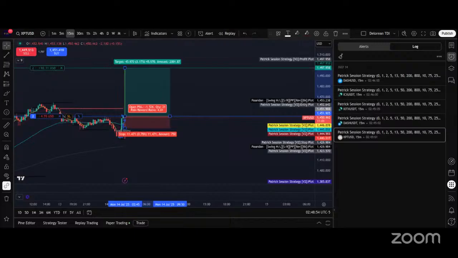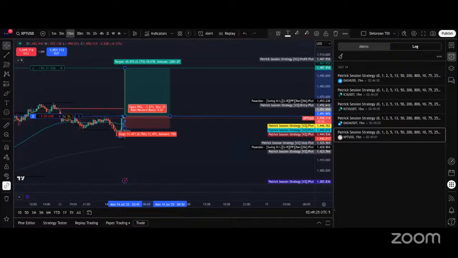And this is going to be XPT USD, platinum versus the United States dollar. This is a 15-minute confirmation, market execution buy. Risk reward ratio is going to be 4.01. Take profit is going to be 1497.958, for 45,970 pips.